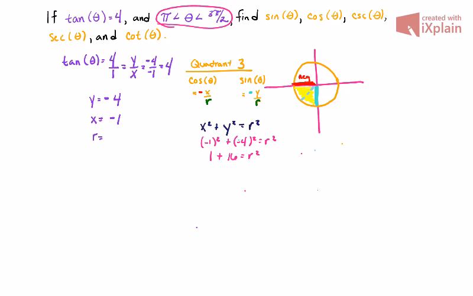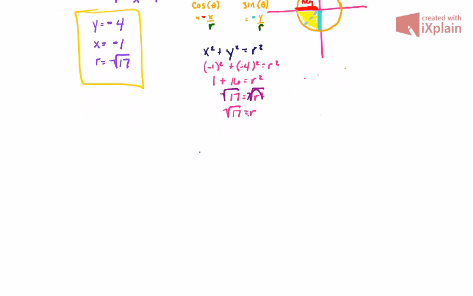If we combine like terms on the left-hand side, we have 17 is equal to r squared. In order to get rid of that square on my variable r, I'm going to take the square root of both sides. And this simplifies down to root 17 is equal to r. Note that we don't really have to struggle over what sign we should choose here. Since we're dealing with radius, radius must be positive. So I'm going to use a positive root 17.